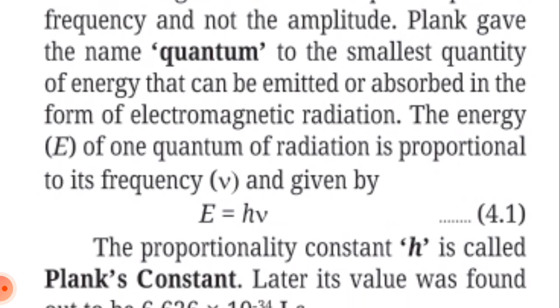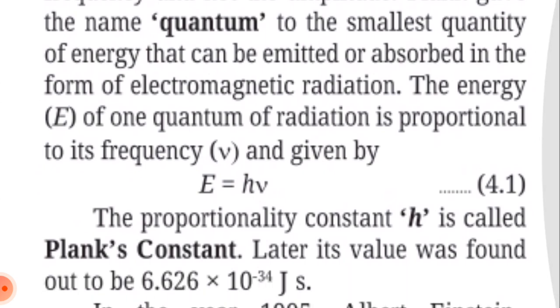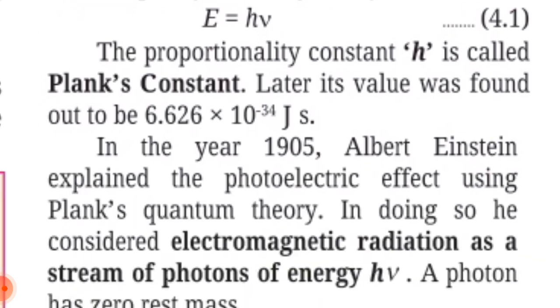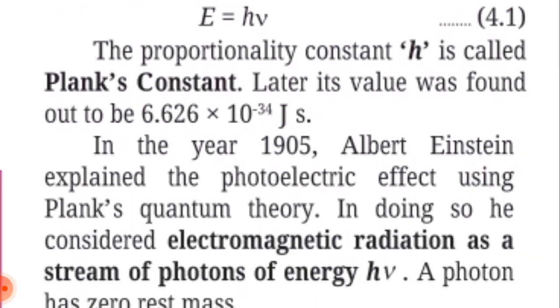Planck gave the name quantum to the smallest quantity of energy that can be emitted or absorbed in the form of electromagnetic radiation. The energy E of one quantum of radiation is proportional to its frequency nu and given by E is equal to h nu. The proportionality constant h is called the Planck constant. Later its value was found to be 6.626 times 10 to minus 34 joule second.